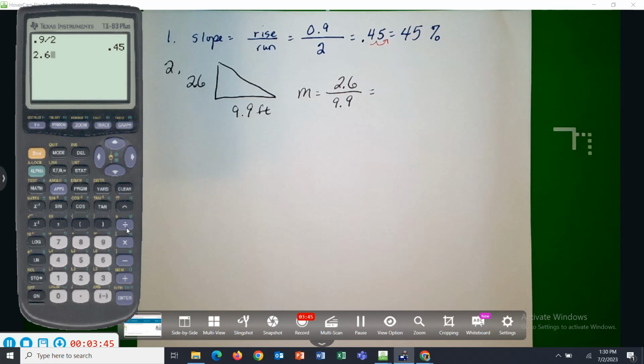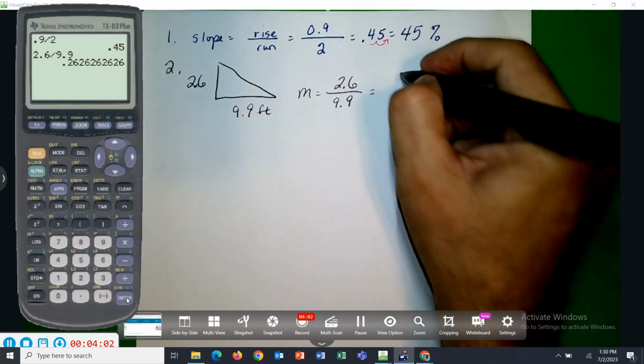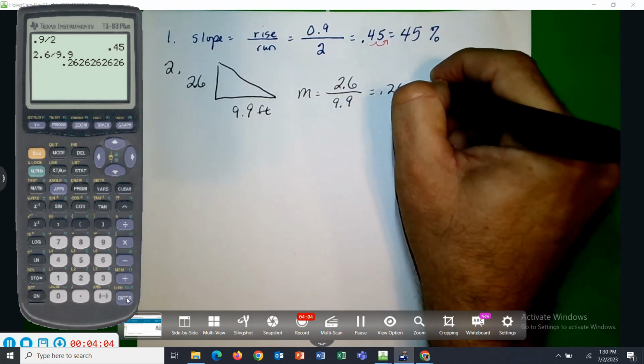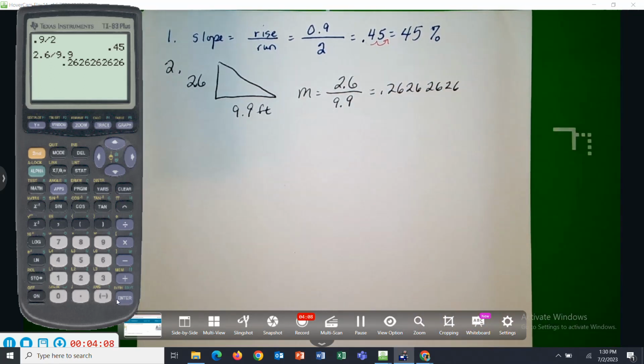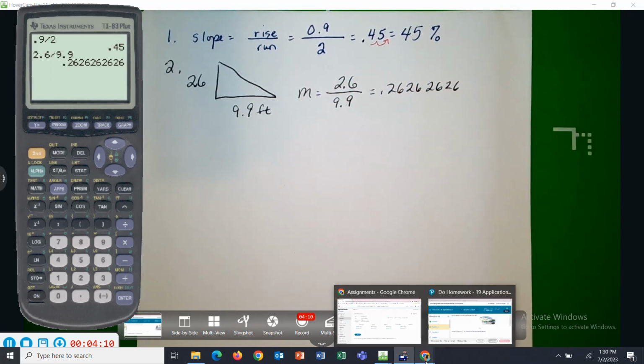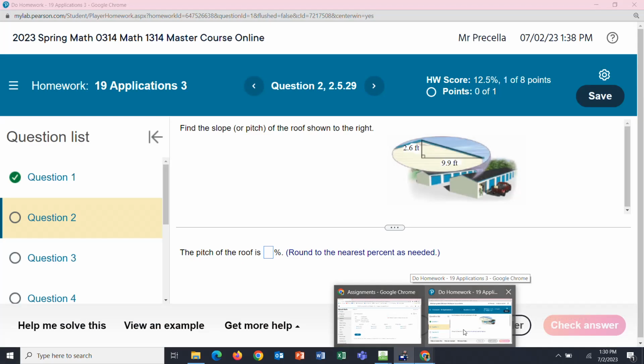2.6 divided by 9.9 equals 0.26262626. How are we told to round this? Well, round to the nearest percent.